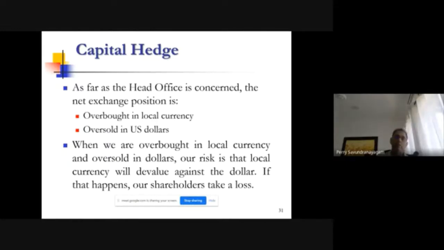So at head office, there will be an oversold in US dollars and an overbought in local currency. In other words, very simply put, the country where the capital originated from will have an exchange position, because they have sent their dollars and created an exchange position through their capital infusion. Agreed or not agreed?